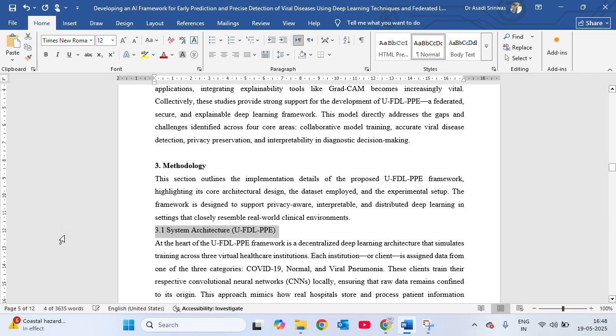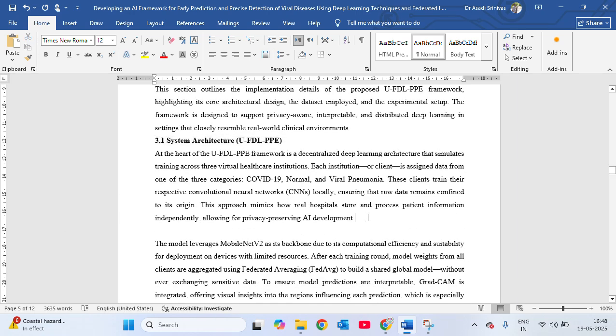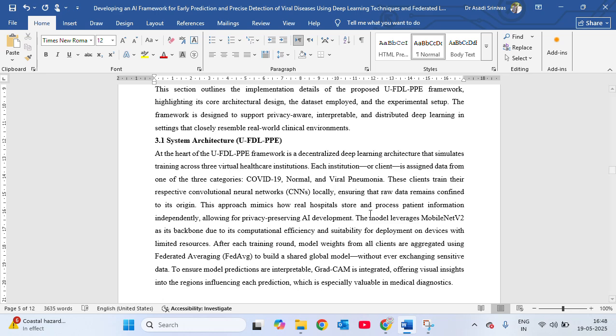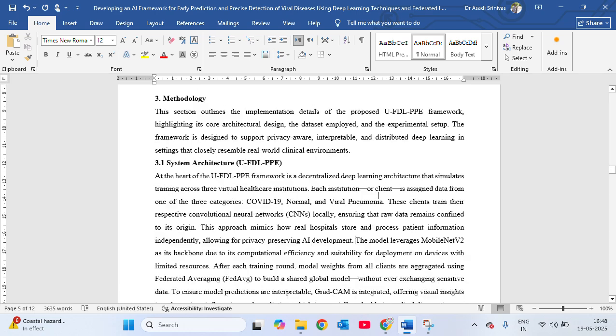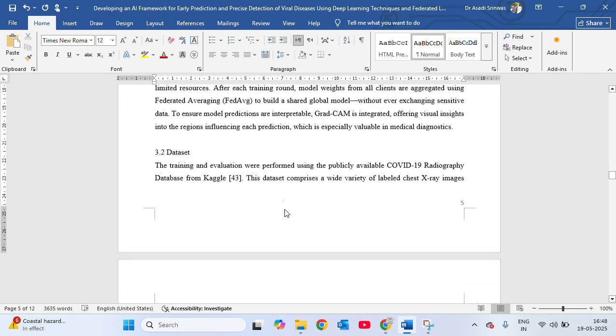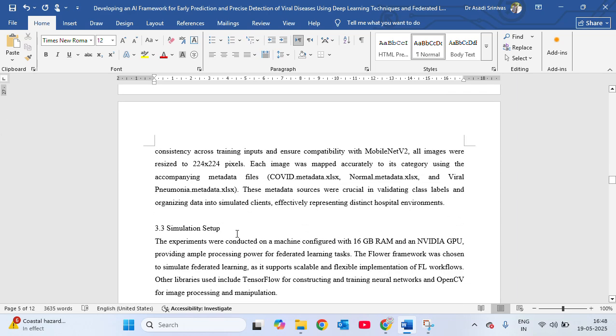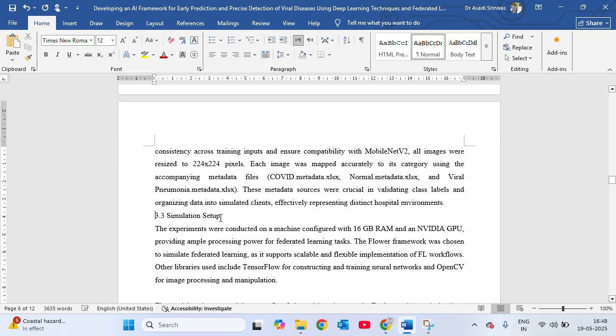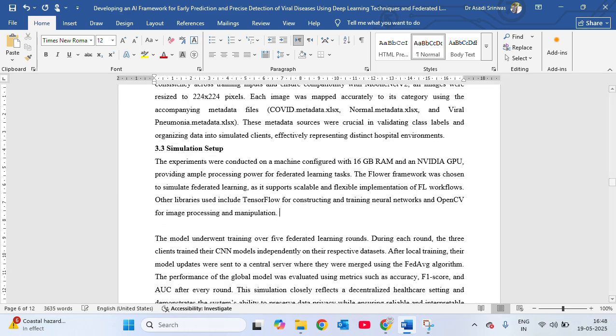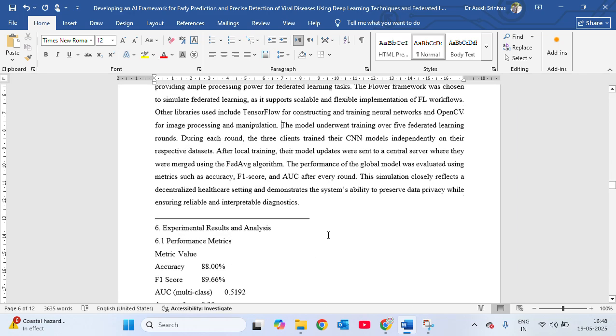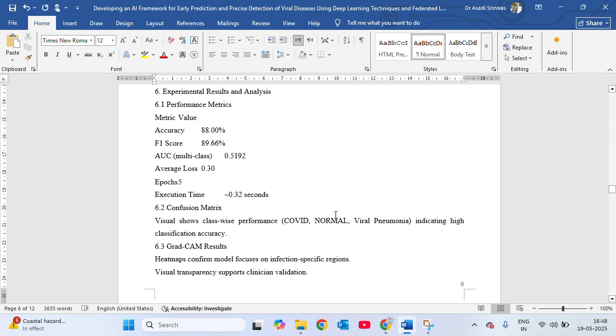So in this paper 3.1, we need to align it. So system architecture, we need to draw the diagram here. Then we need to explain data set. Then the data set URL we need to cite there. Then experimental setup, yes.